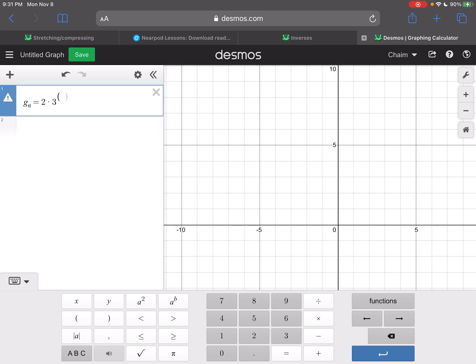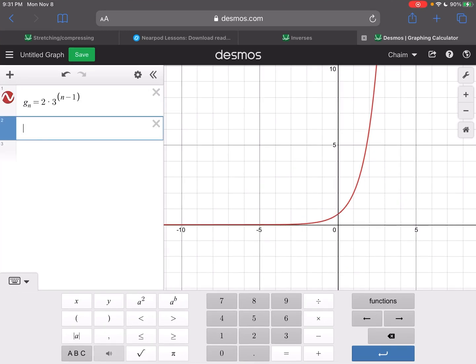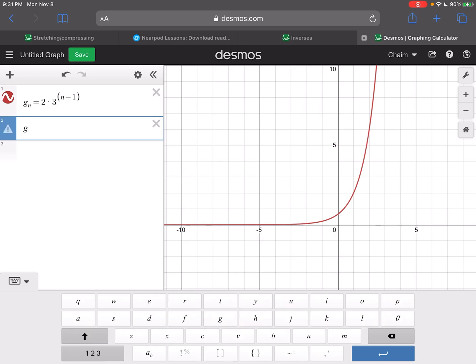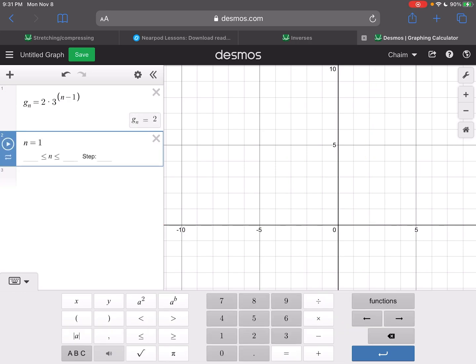It's 3 to the n minus 1. Right? That's the term they want us to use. Yep. And then they want the first 4 terms. So first 4 terms, you're going to say n equals 1. That's the first term. My first term is 2.